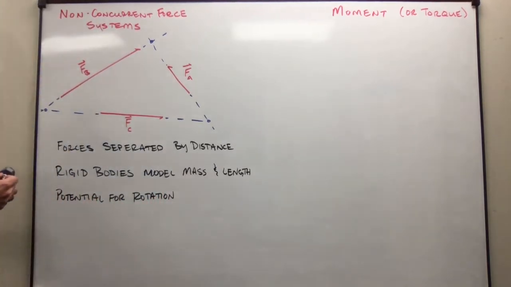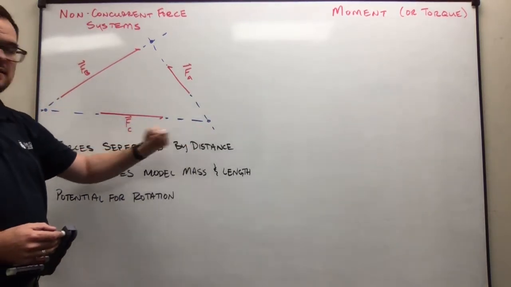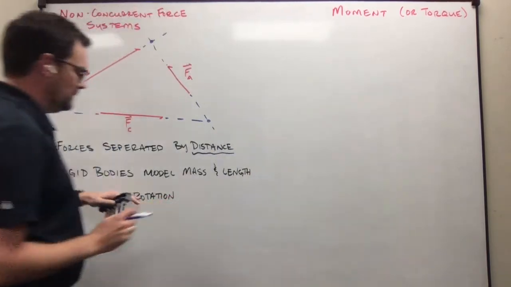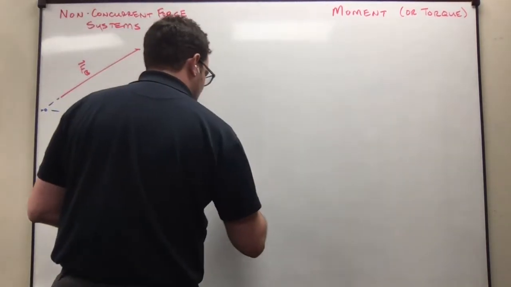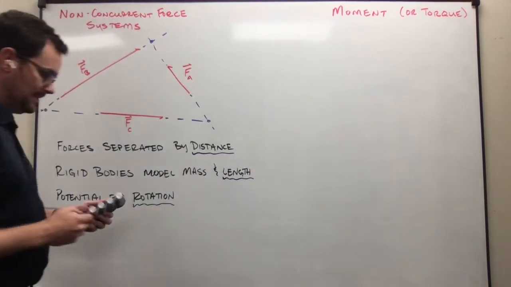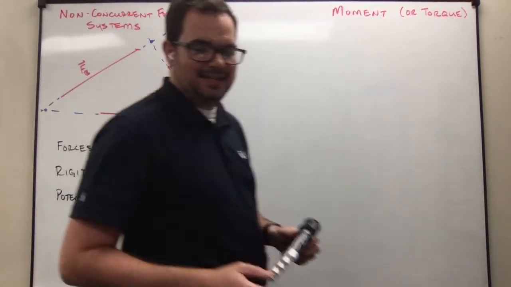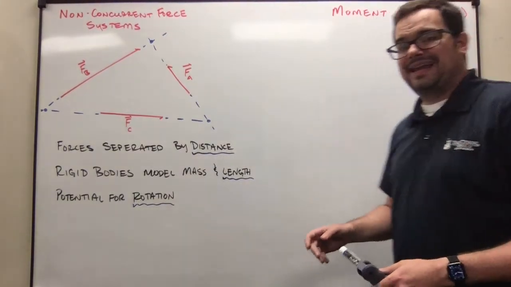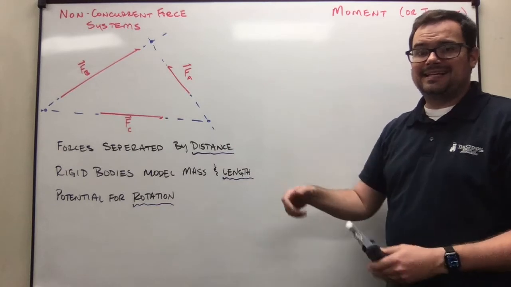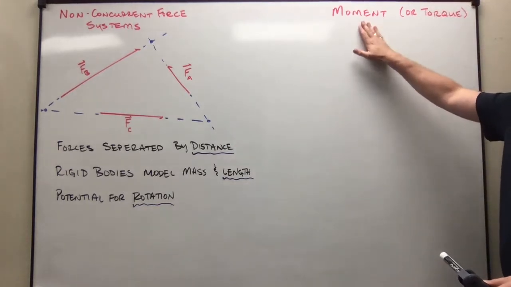So when we have a non-concurrent force system, our forces no longer intercept at a common point. They're going to be separated by distances, which means that we can model bodies that have length, and we're going to tend to get rotation. Now, when we have these forces acting at a particular length, they're still going to have forces, push or pull, but that tendency to generate rotation, we're going to call a moment.